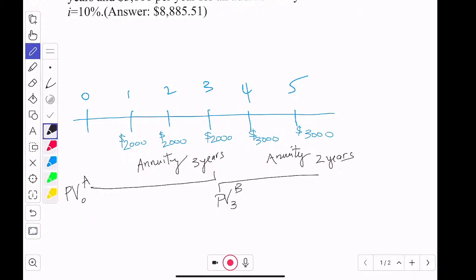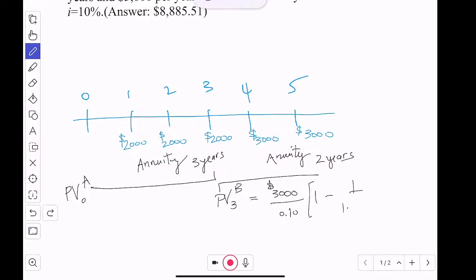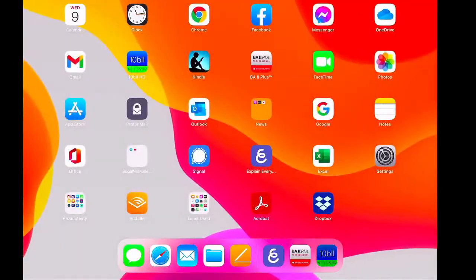So let's start at the end, and I'm going to store my results. So this is going to be $3,000 at 10% for 2 years. And putting that into the calculator, not this one.